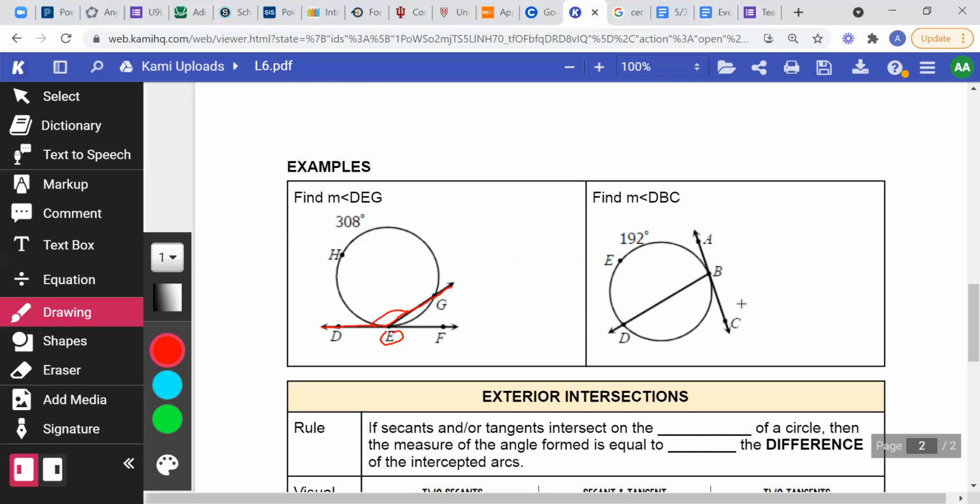Then the intersecting arc is on the circle, which means this angle formed here is going to be half of this big arc that it intersects. So X here is going to be half the arc DHG. And DHG here is definitely this big number, 308. And half of 308 is 154.